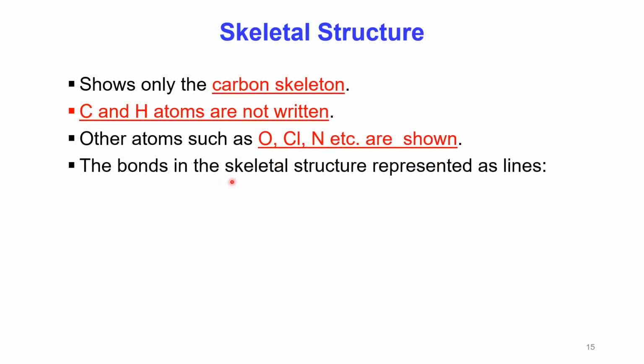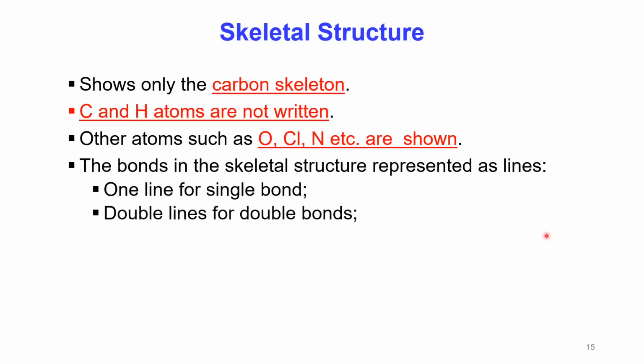The bonds in a skeletal structure are represented as lines. For a single bond, only one line; double line for a double bond, and triple line for a triple bond.